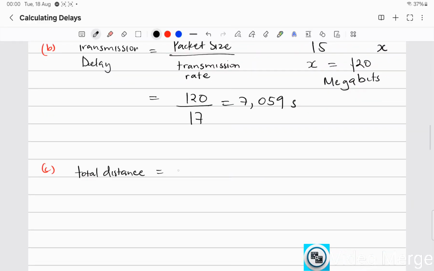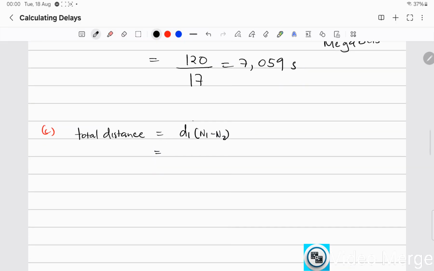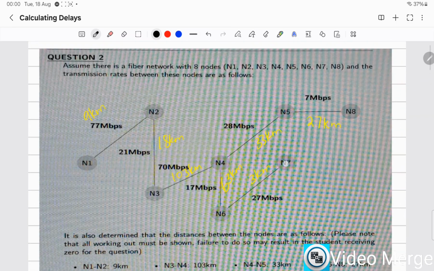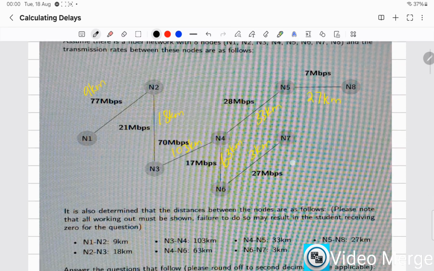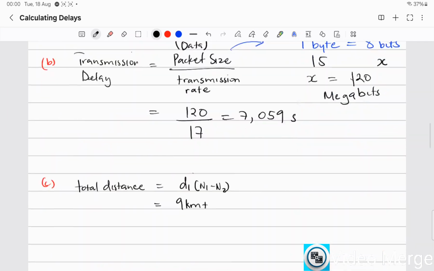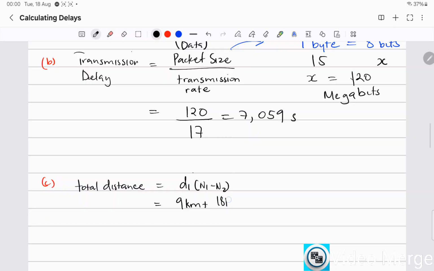Let's call that distance 1. I'll just be writing underneath as well. It's 9 kilometers, plus we need N2 to N3, which is 18 kilometers, distance number 2.